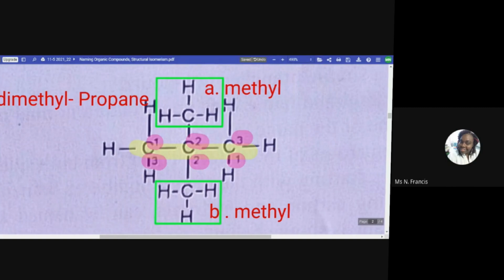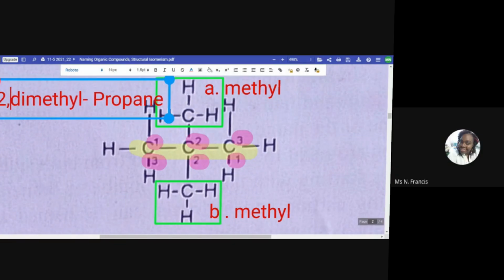But remember, our name has 3 things: the name of the main chain, the name of the branch, and the position of the branch. So right now, we are 2 out of 3. We are missing the position of the branches. On what carbon is branch number 1?